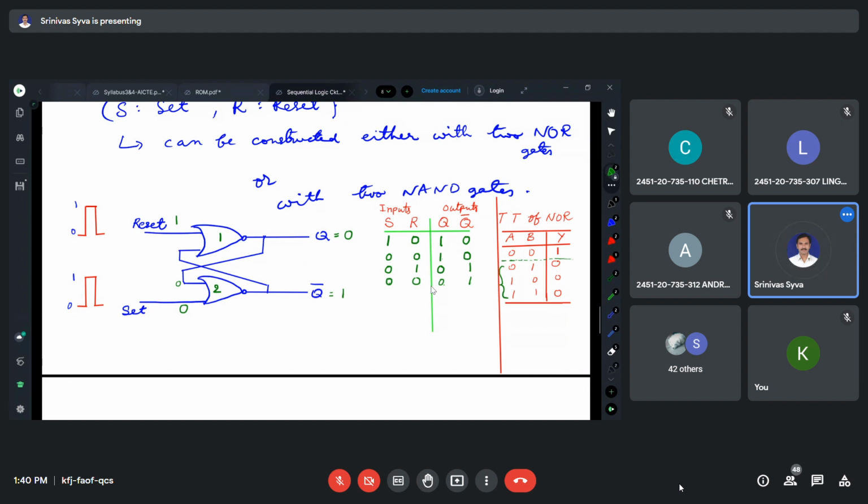Next, both cannot be made 1. This is the forbidden condition. This cannot be taken. When 1 1 is applied, both outputs are 0, so this state is forbidden.